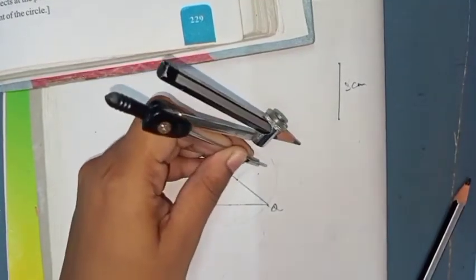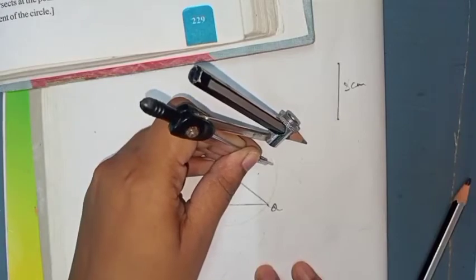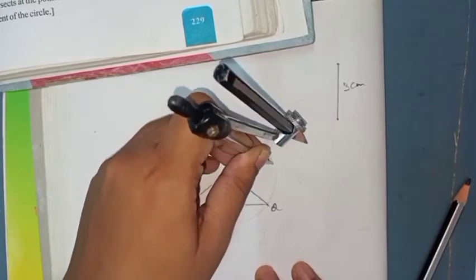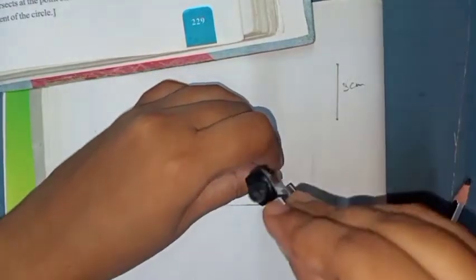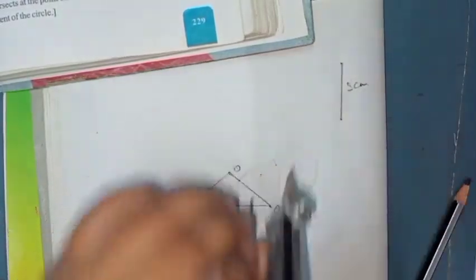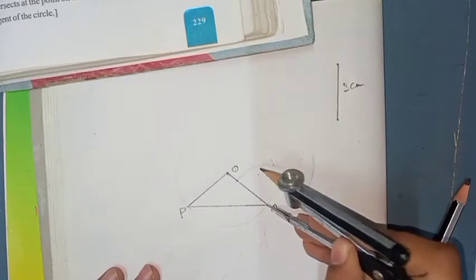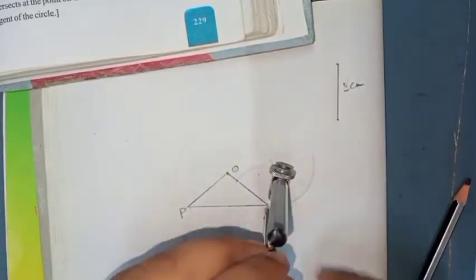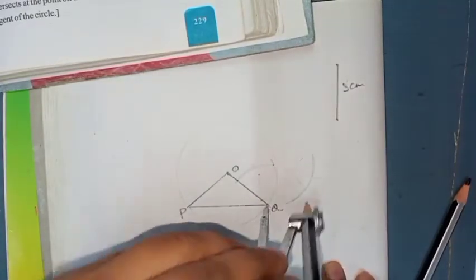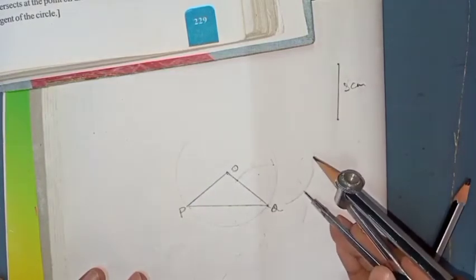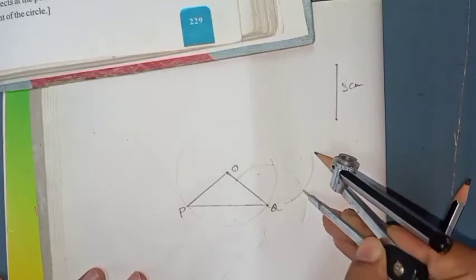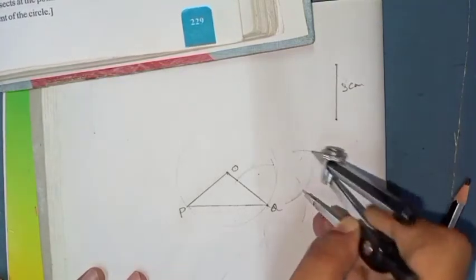Again you have to put your compass here and you will draw one big arc. I have to draw it a little bit larger because it is not cutting. Okay, understood up to here? Now you will put your compass here, this intersection point, and you will cut this.